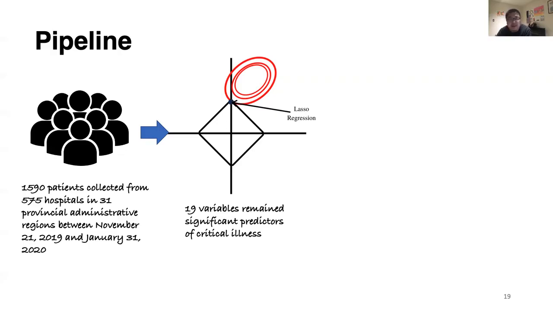Then they applied a lasso model for dimensionality reduction, after which 19 variables remained significant predictors of critical illness.